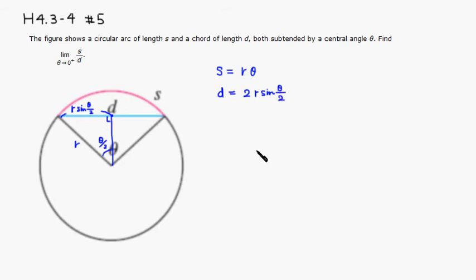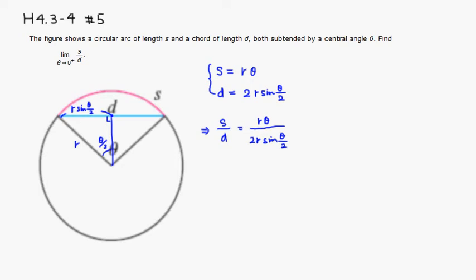Then if you want to write S over D, you put the R theta on top, over 2R sine of theta over 2.